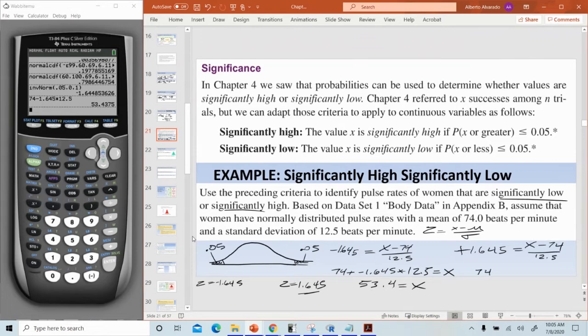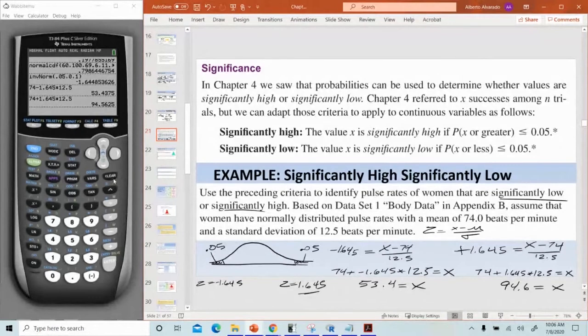It's 74 plus, this time, positive 1.645 times 12.5 equals x. I'll change that to plus. 94.6. So that's the cutoff for the top 5%.